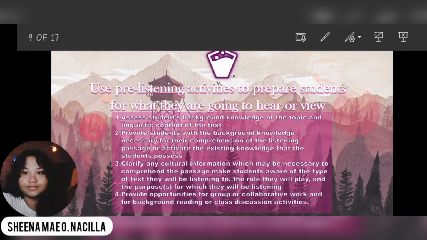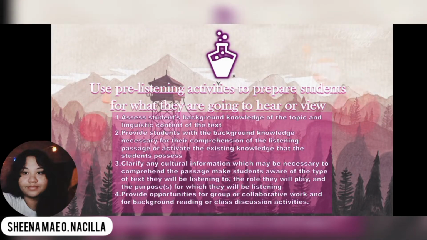So first is to assess students' background of the topic and linguistic content of the text. Through pre-listening activities, you can assess or evaluate the students' background knowledge of the theme or topic you're going to give.